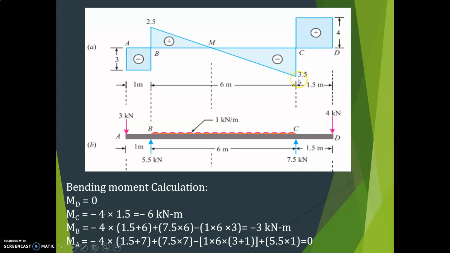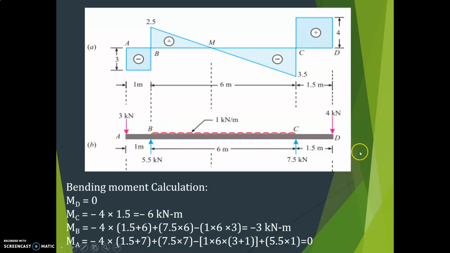Then again there is an increase of 3.5 to 4, so 3.5 plus 4 is equal to 7.5 kilonewton support reaction at C. Then at D we can see plus 4. The right side downward is plus, so this is a downward 4 kilonewton. So you can see this is an overhanging beam and it extends beyond both the supports.